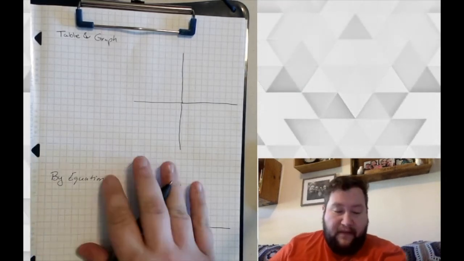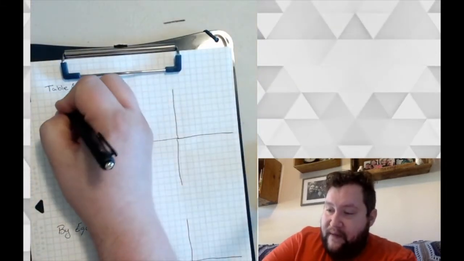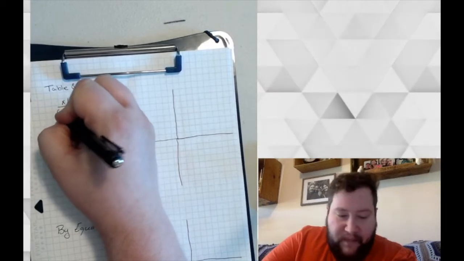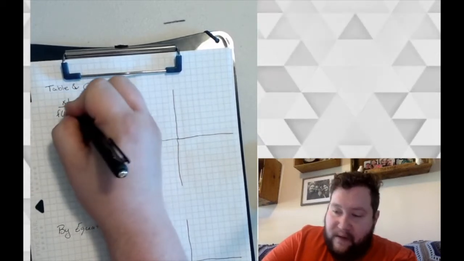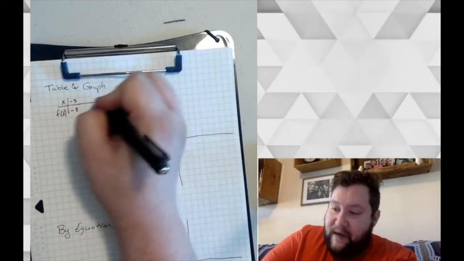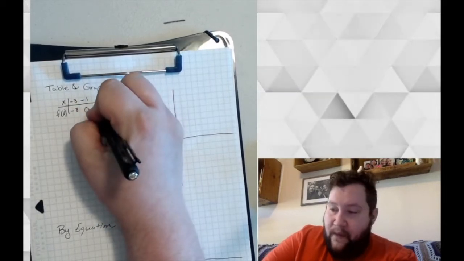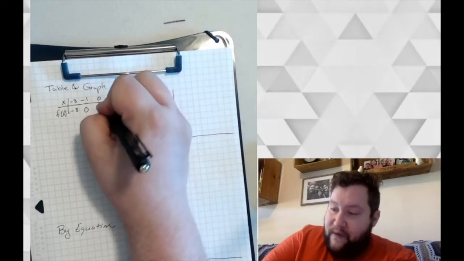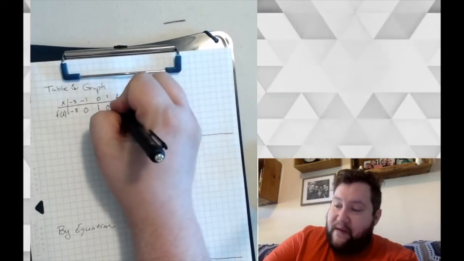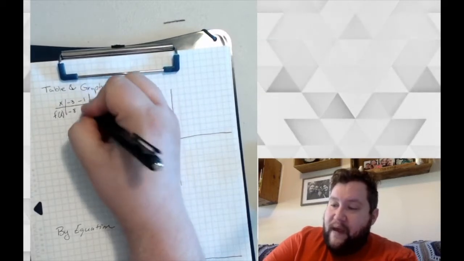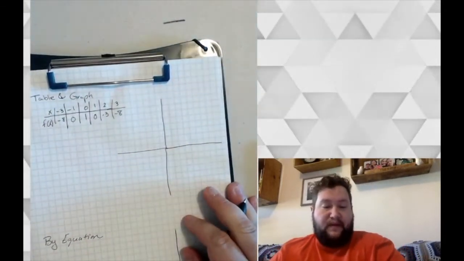And suppose we have the following table. We have x and f of x. So suppose -3 goes to -8, -1 goes to 0, 0 goes to 1, 1 goes to 0, 2 goes to -3, and 3 goes to -8. Well, first let's go ahead and plot them, right?